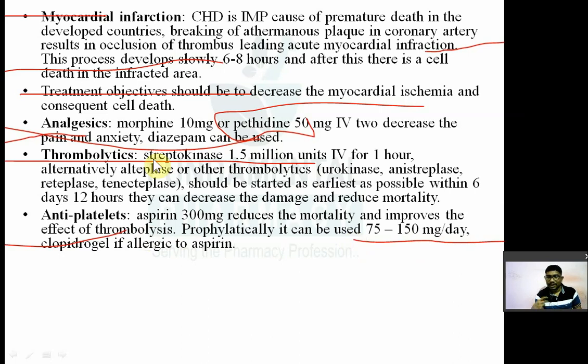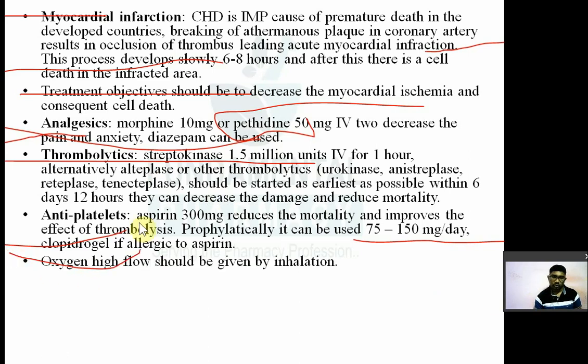Being an antiplatelet agent, aspirin prevents platelet aggregation and thrombus formation. Myocardial infarction की prevention के लिए ये aspirin 75 to 150 milligram per day देते हैं, ठीक है. And if the patient is allergic to aspirin or if aspirin is contraindicated, then you can use clopidogrel.